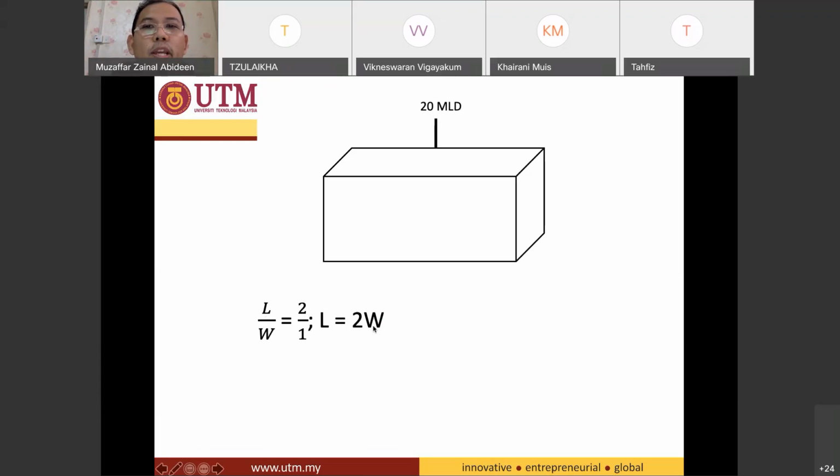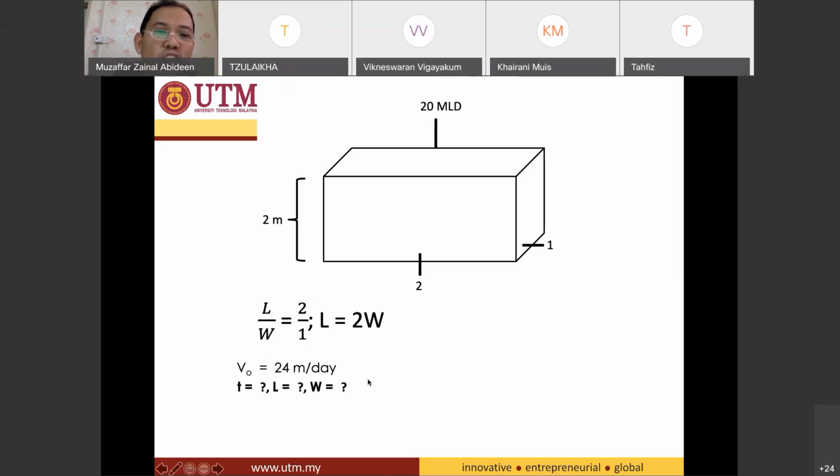That's the ratio of length and width. Then they mention the height of the tank, which is 2 meters. The overflow rate was also given, 24 meter per day. So they want you to find out the T, the L, and also the W.